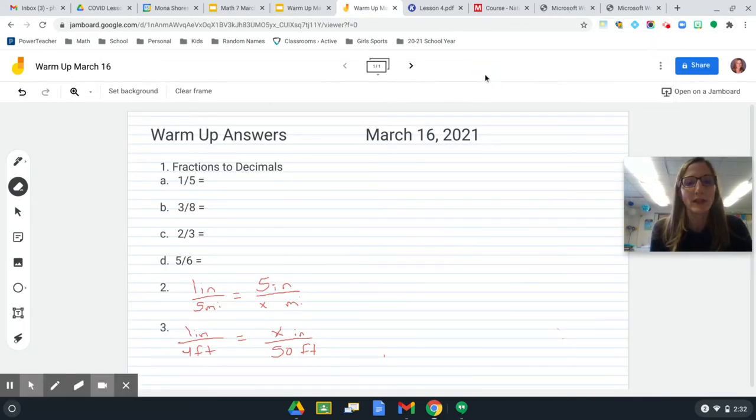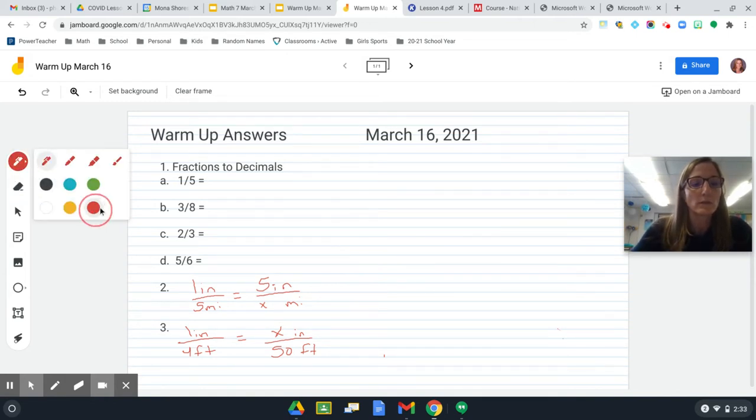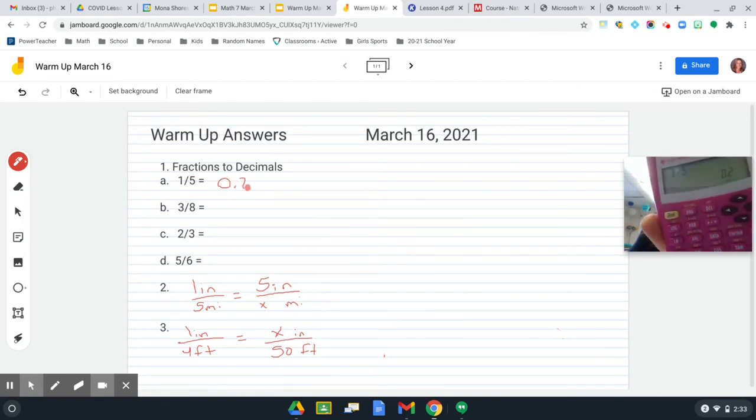Okay, so let's go over your answers to the warm-up. So 1/5, taking that fraction to a decimal. When you do 1 out of 5 or 1 divided by 5, you should see 0.2. And so if I put my calculator up to the camera here, that's exactly what you should be seeing as your decimal format for 1/5.